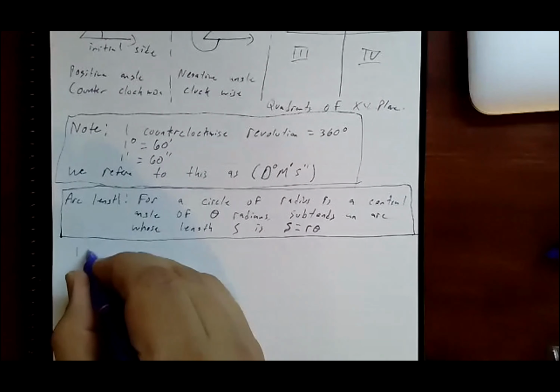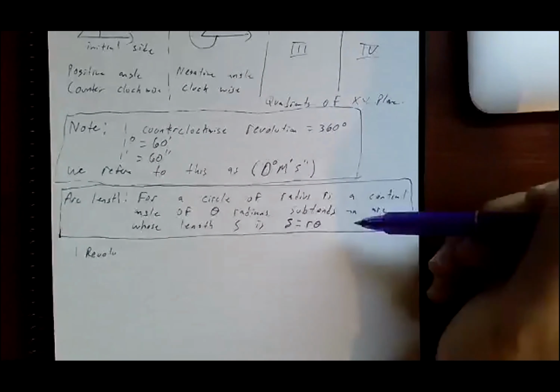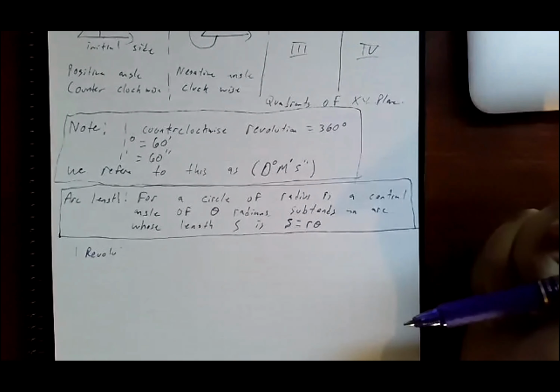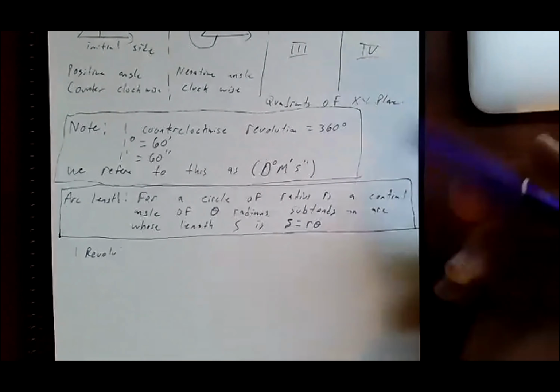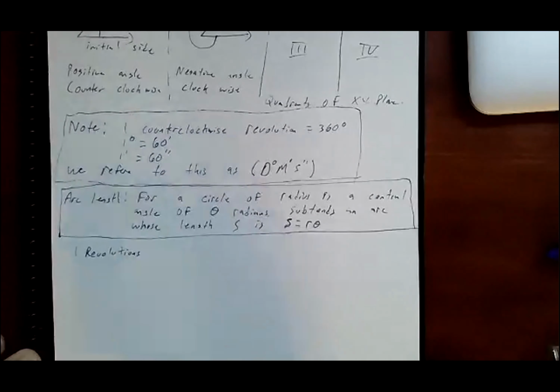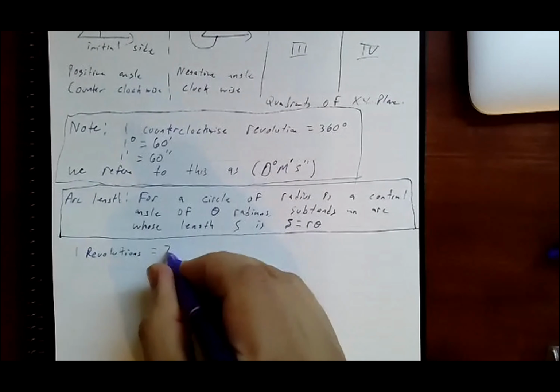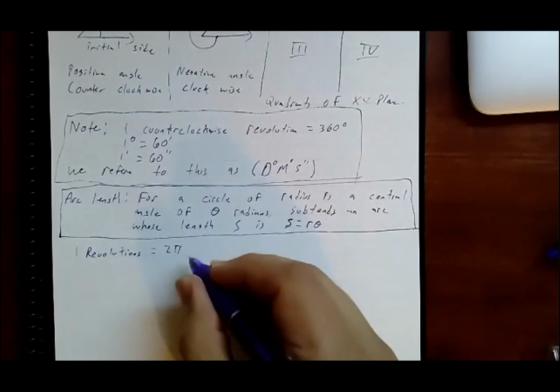Subtends is like just sweeping across, which I'll show you a picture in a second. One revolution equals 2 pi radians.